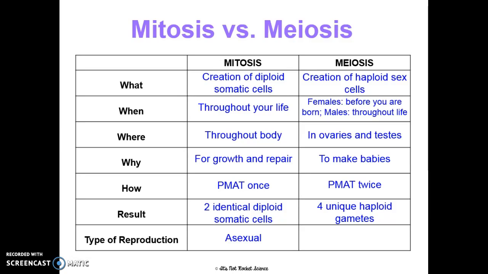And you end up with 4 genetically unique haploid gametes. So again, very, very different. 2 additional cells that are unique, and they're haploid. And again, this is called sexual reproduction.